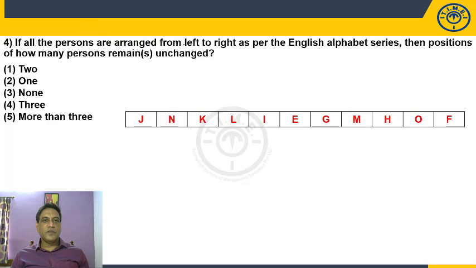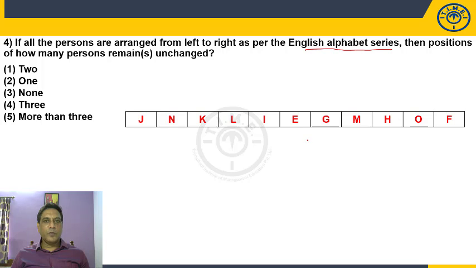If all the persons are arranged from left to right as per the English alphabet series, then the positions of how many persons remain unchanged? Okay, let us do that first.